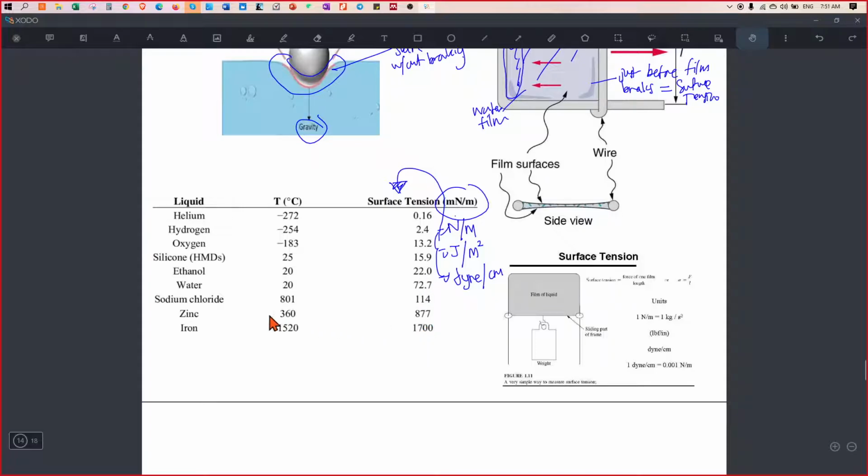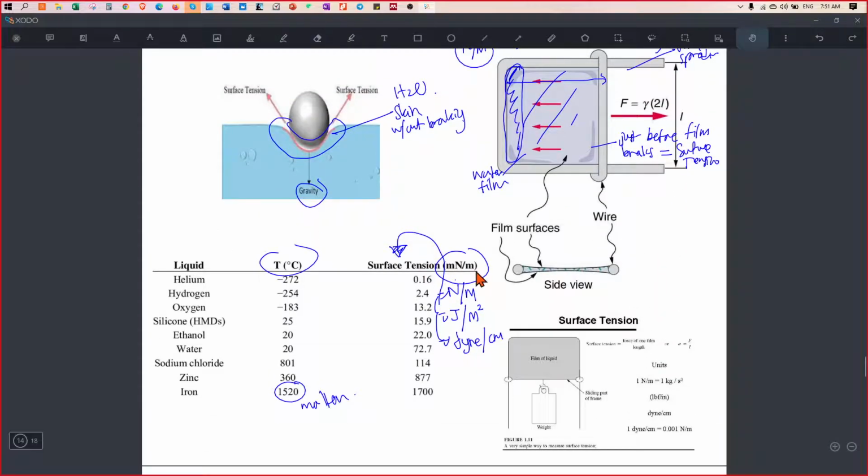And then you have your zinc and the iron. Iron, when it's molten, not in the form of solid, look at the temperature here. Of course, this is molten iron. Spread it for 1 meter.